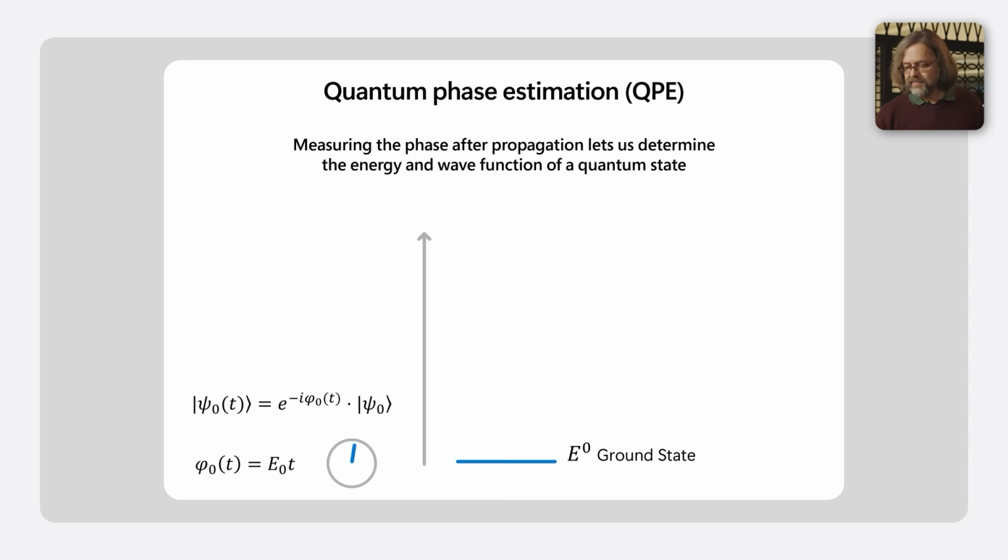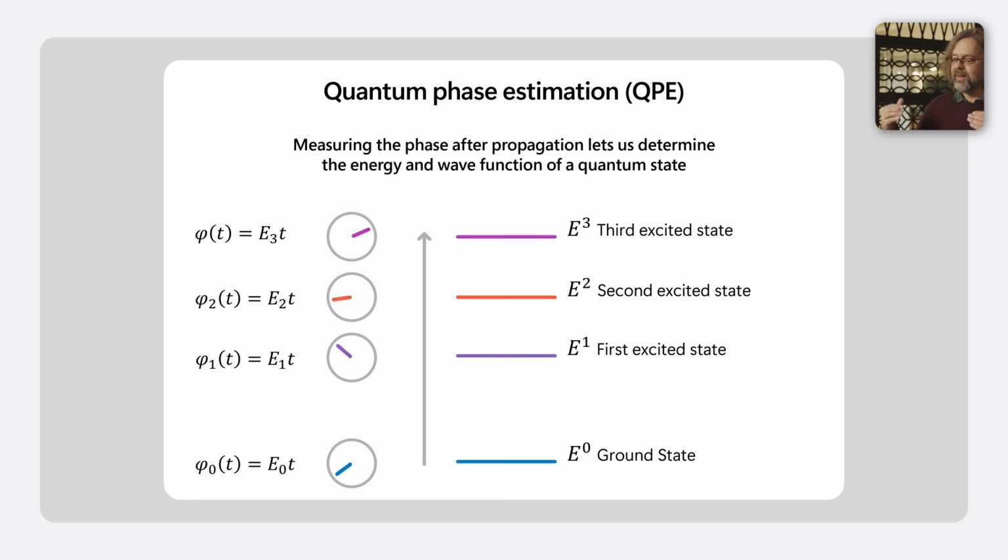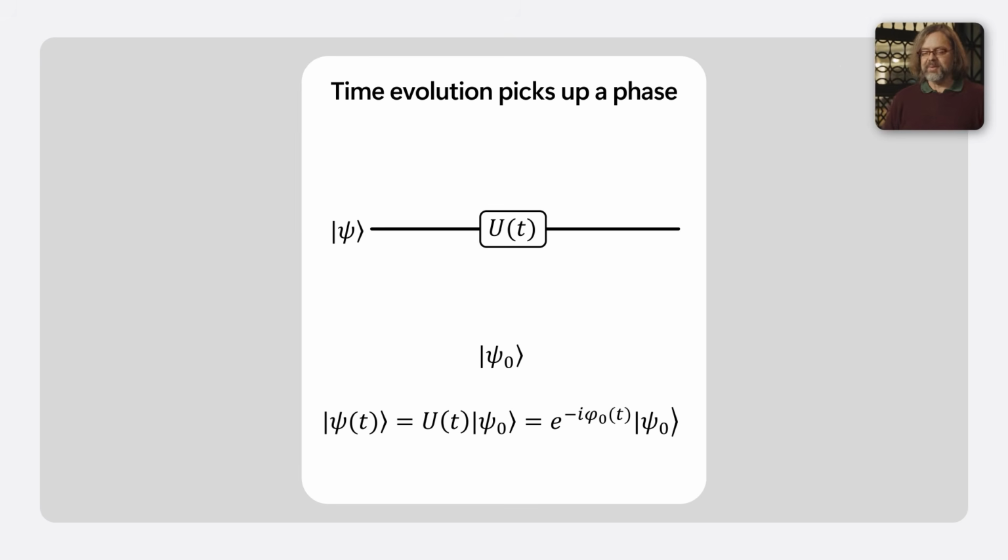Thus, if I want to measure the energy, all I have to do is measure the phase the wave function picks up in a certain time. For that, I'm writing a quantum program, written here as U(t), that propagates the wave function in time, and then I want to measure the phase.